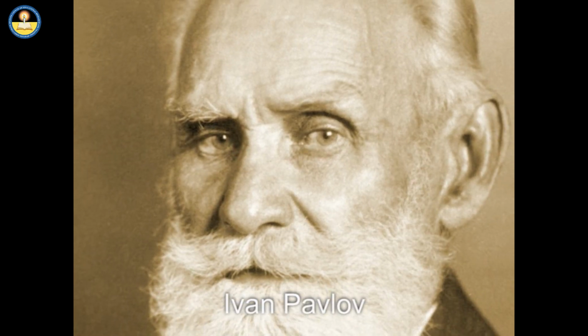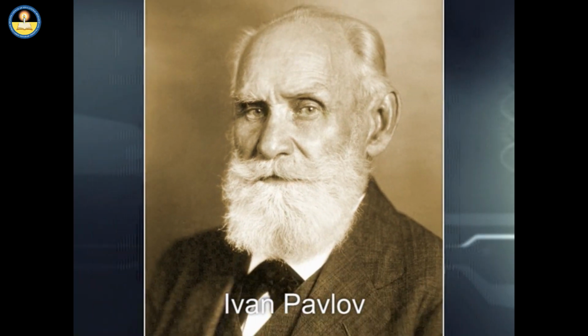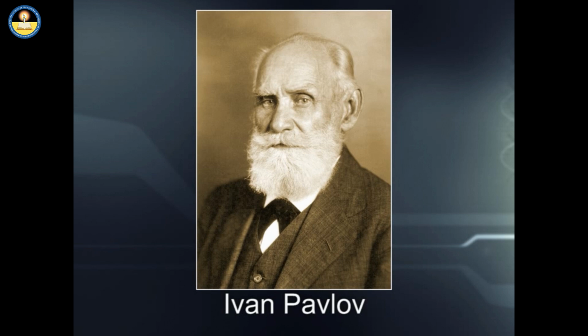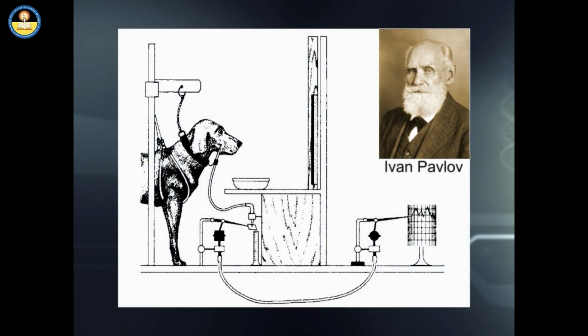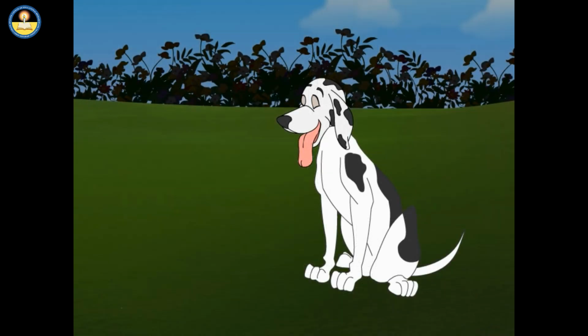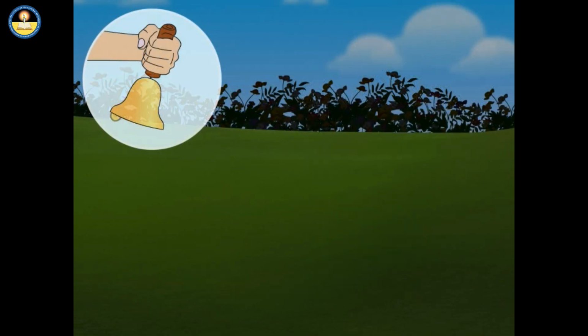The Russian scientist Ivan Pavlov carried out some experiments where he trained dogs to expect food whenever he rang a bell. You all know the dog salivates naturally when given food. Pavlov rang a bell every time he wanted to give food to the dog.